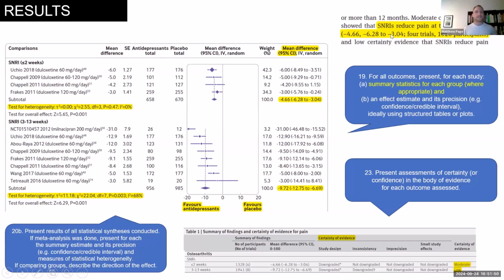One thing that was missing and would have been beneficial is to provide the summary statistics for each group, such as the means and standard deviations for the SNRI group and the placebo group. But that's the only thing that was lacking in that regard.